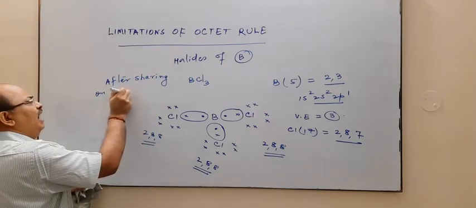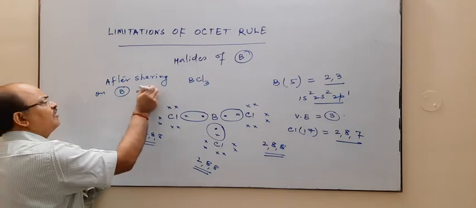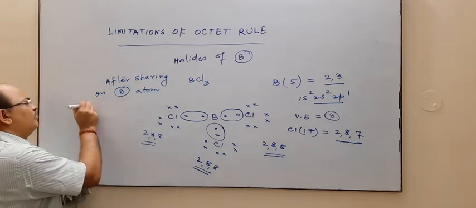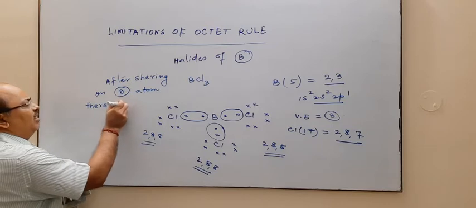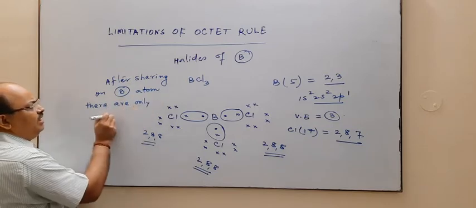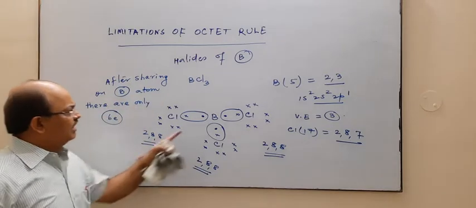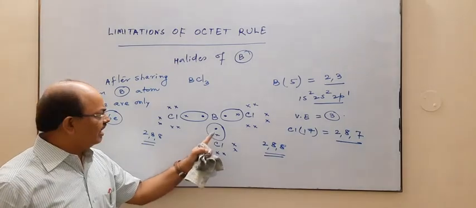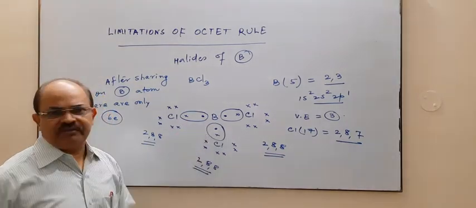on boron atom, there are only 6 इलेक्ट्रॉन. देखिए बोरन के पास कितना इलेक्ट्रॉन रह गया? 2, 4, 6.